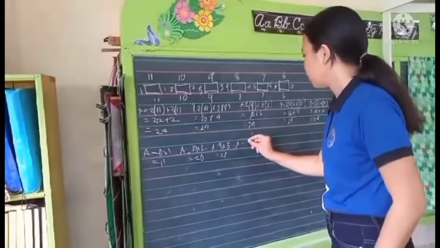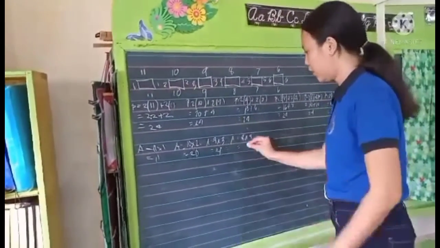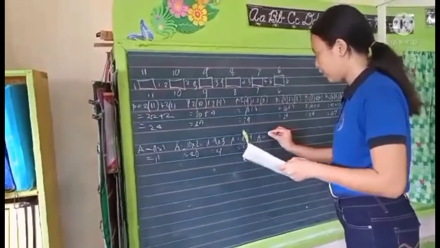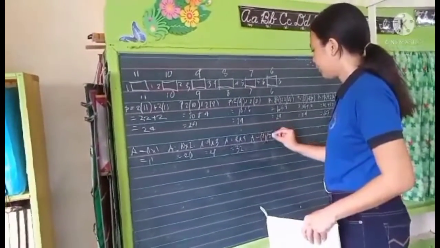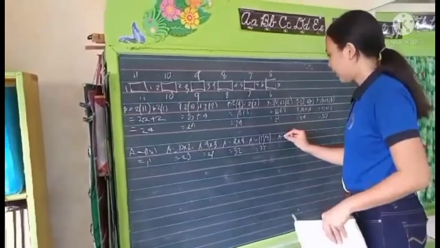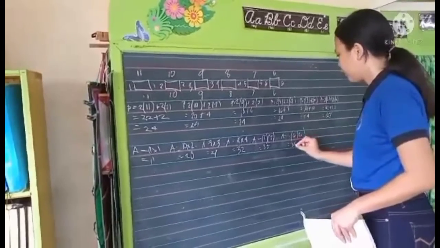A is equals to 8 times 4 is equals to 32. Then A is equals to 7 times 5 is equals to 35. Then last, A is equals to 6 times 6 is equals to 36.